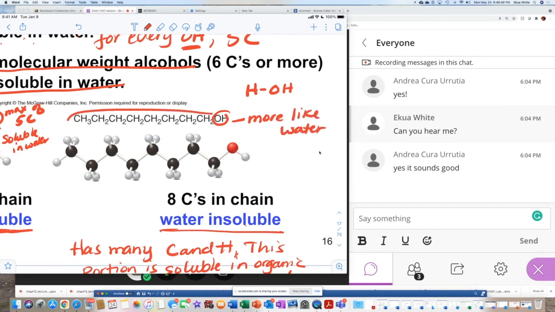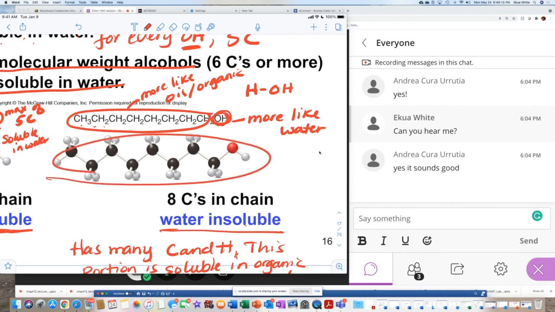And then this long part here is more like oil or more organic, right? We're having all these carbons and hydrogens. So the OH part will be the dominant behavior in the molecule as long as you only have 5 carbons or less. When you start having too many carbons, the long part starts to take over, and then the whole molecule behaves as the organic part, if that makes sense.